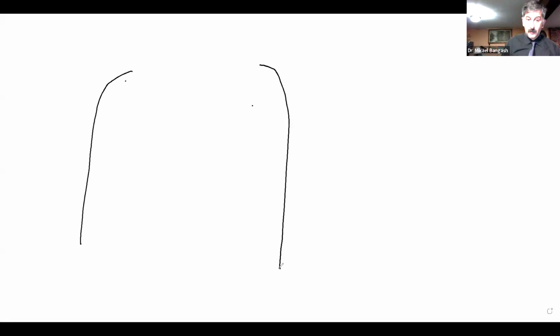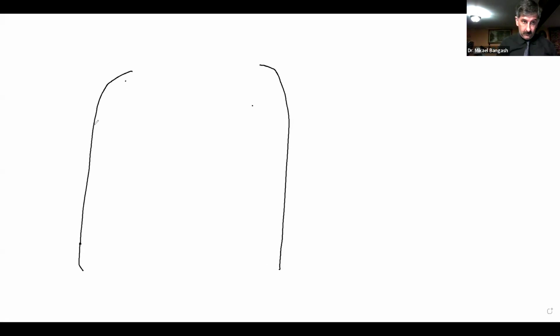So let us just see. What we will start off is mainly dividing our primary abdominal pelvic cavity into 4 quadrants.